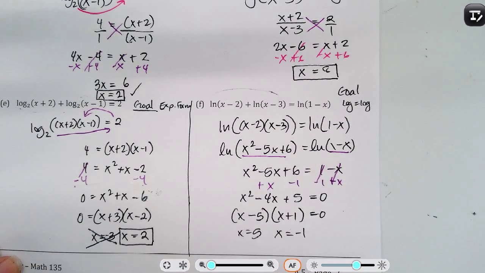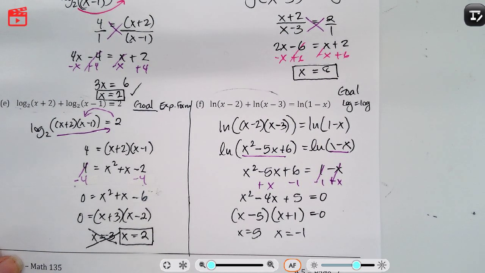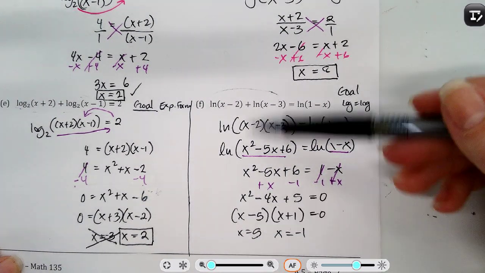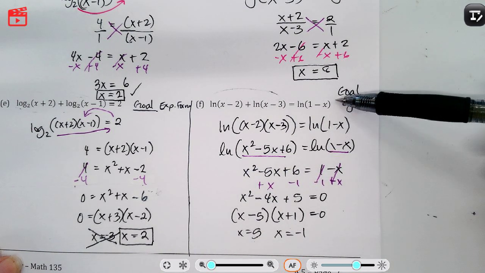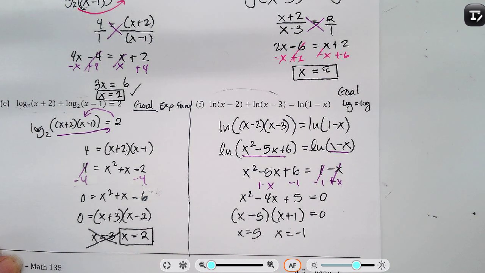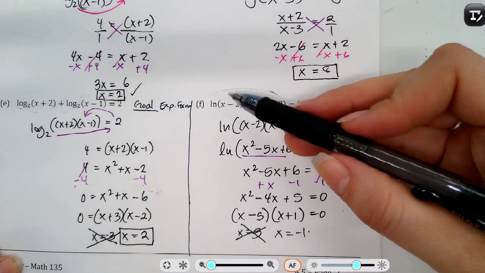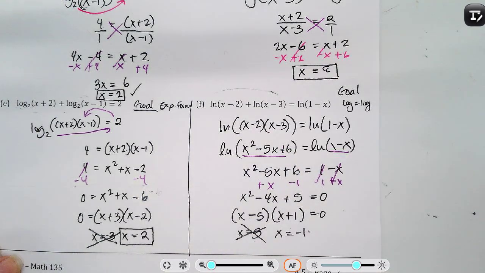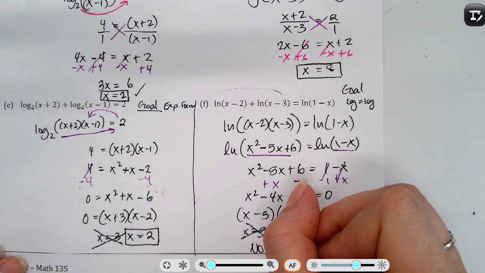All right, we got to check and make sure that these don't make our answer extraneous. 5, that's positive. Plugging 5 in there, also positive. 5 in there. Oh, that's going to make it negative. Okay, that doesn't work. Negative 1, plugging in negative 1. Oh gosh, that's also negative. My goodness, my answers are gone. Is there a solution? There is no solution.